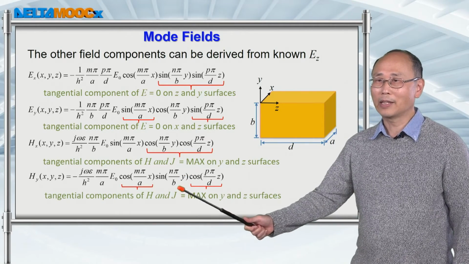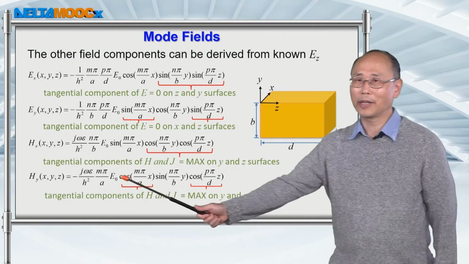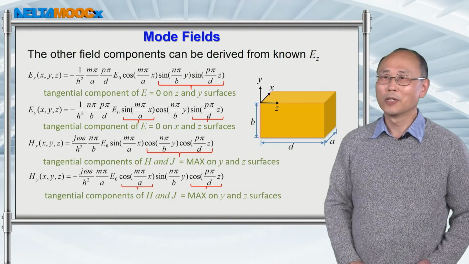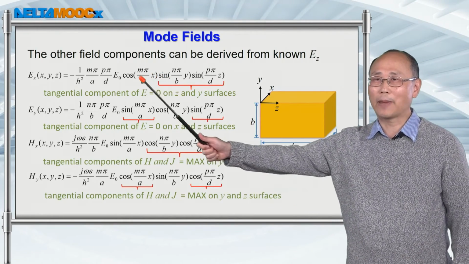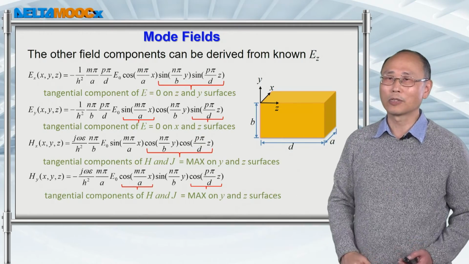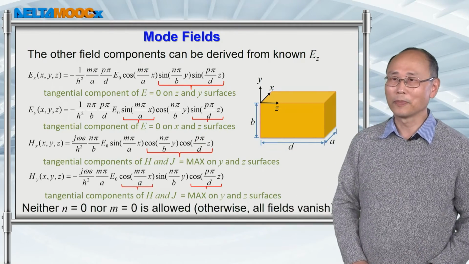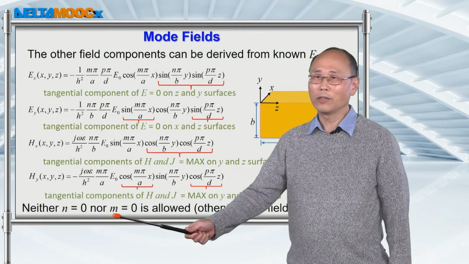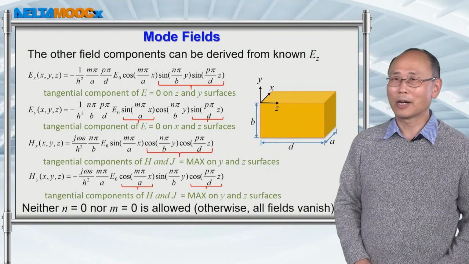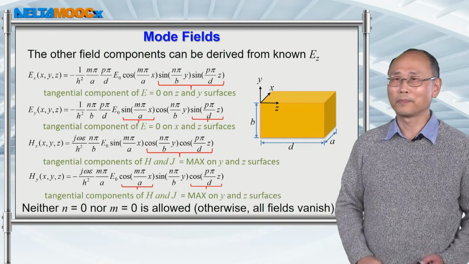And this n is inside the sine expression, so Hy will also disappear. So this means that n cannot be 0. Similarly, if you set m equal to 0, everything will also drop to 0. So there's a condition that neither n nor m can be 0 in these fields.